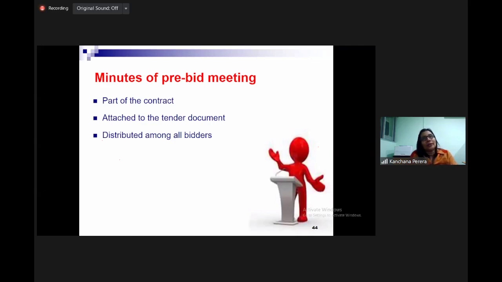It includes all the formal conditions of contract, invitation for bid, drawing, specification, BOQ. It is issued. Then we let them study it and price it for a certain period of time, say 3 weeks, 4 weeks. Then we call for a meeting generally at the site, the pre-bid meeting.